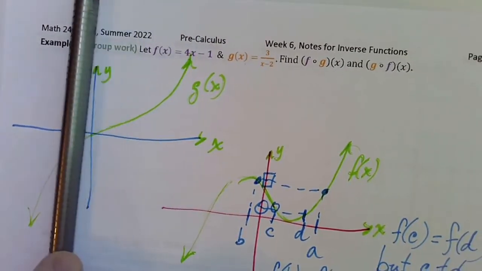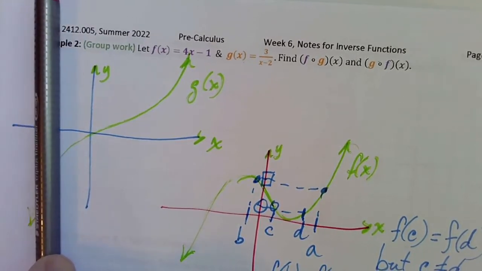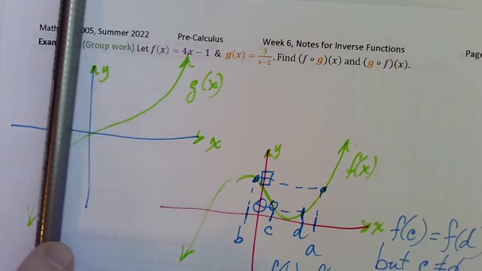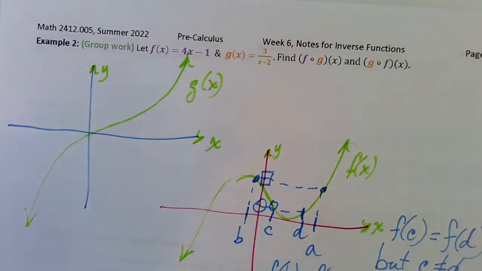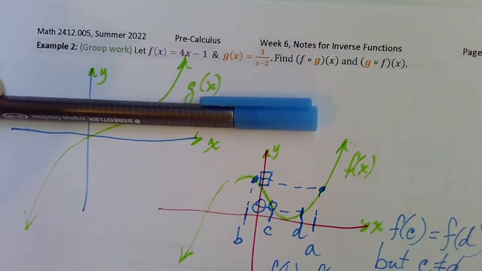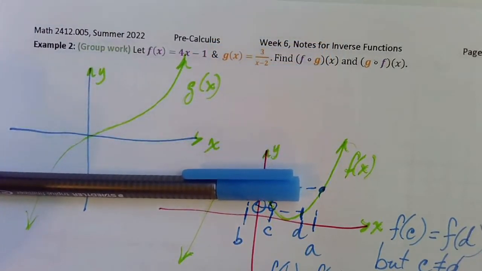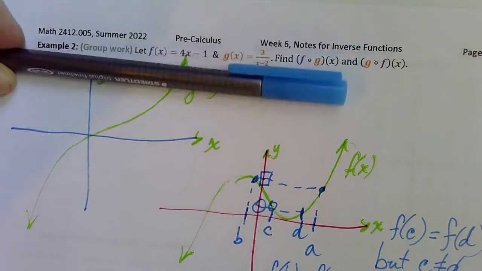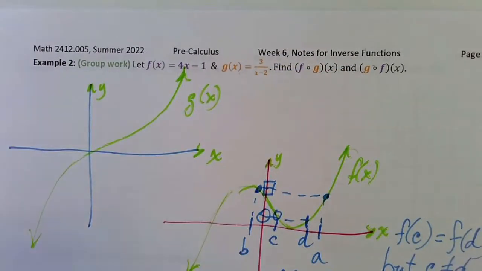But I noticed that a vertical line crosses this graph only once. Now I want to do the horizontal line test and see how many times a horizontal line crosses this graph. Does it ever cross more than once? And I can see here it only crosses once.